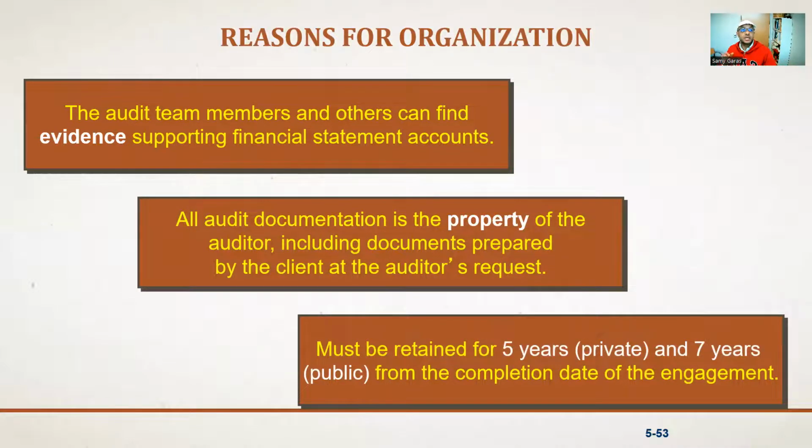And the audit documentation includes copies of the documents that the auditor asked the client to prepare. So we have to organize the audit documentation for future investigation, for quality control, and for better evidence that we might use in our opinion.